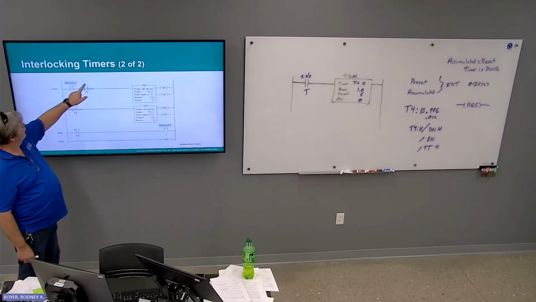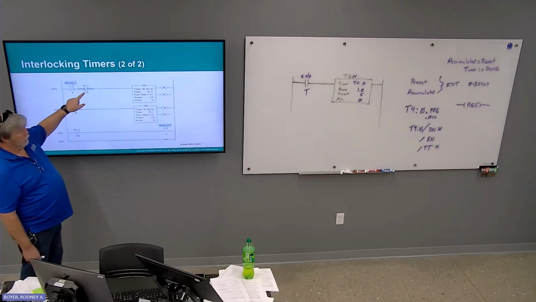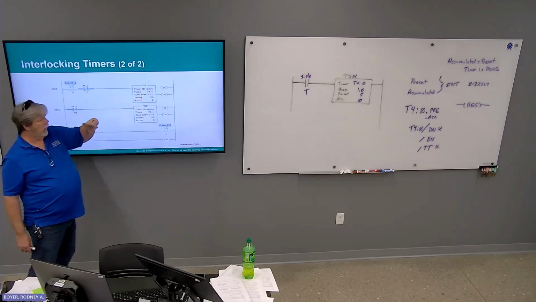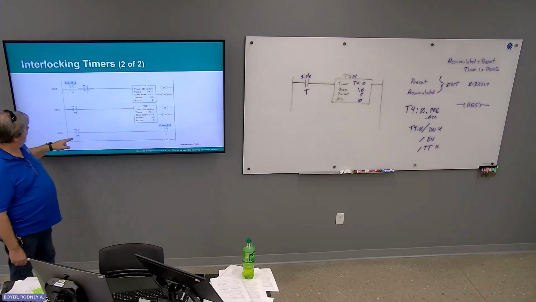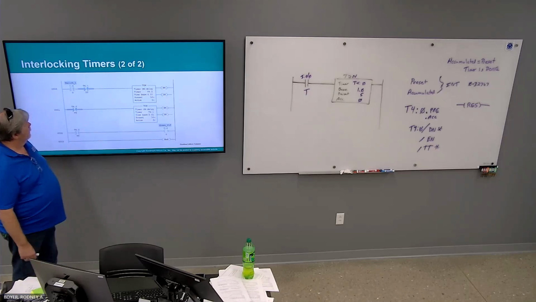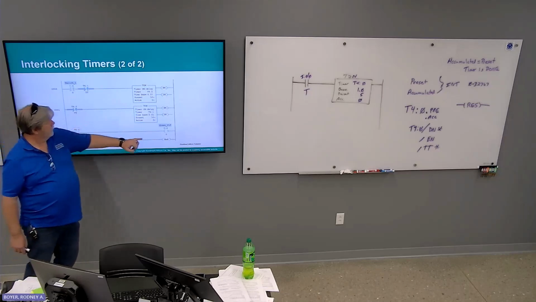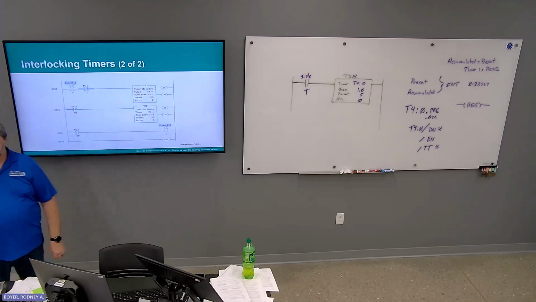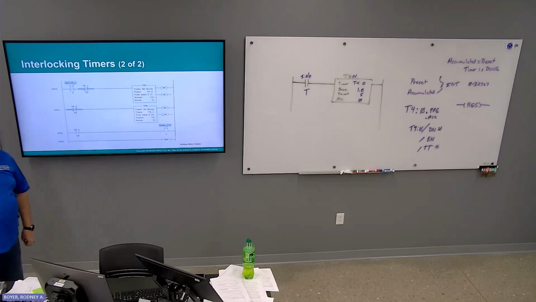While timer 1 is timing, this will evaluate as false, resetting this timer, and this will now evaluate as false, turning the green light off. That's a really jacked up way of doing it, by the way. There's a much easier way, much easier to follow also.